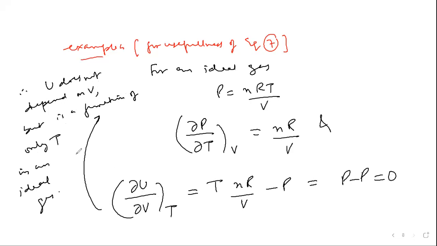That means U does not depend on V, but is a function of only T in case of an ideal gas, right?